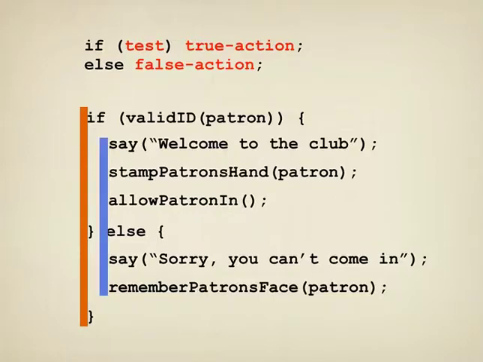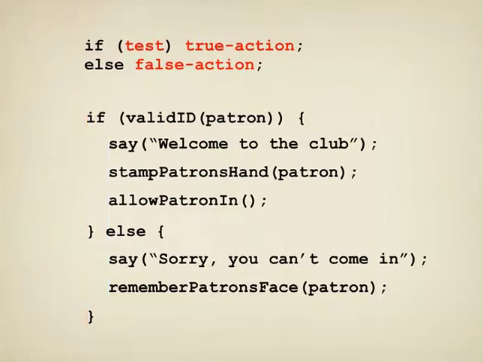Processing is not going to enforce these tab stop things on you. You can actually write this any crazy way you want with spaces and returns and blank lines. But formatting your code well is incredibly important. It makes it much easier to read, much easier to debug, and I strongly recommend you use this kind of structure. So now you know everything there is to know about the basics of the if statement.